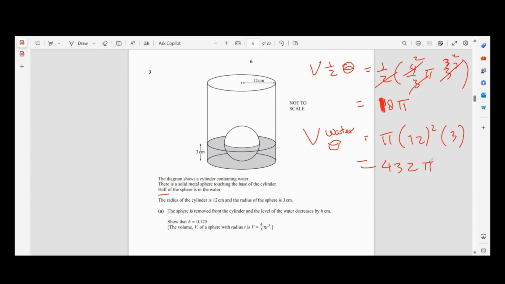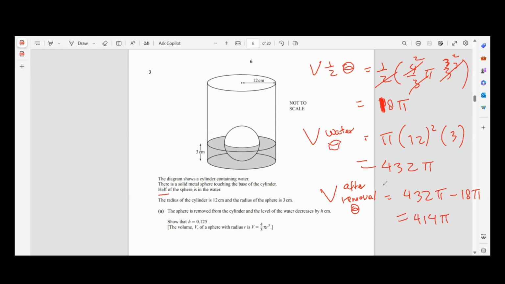And then we have to calculate the volume after we minus the half sphere. So the volume after removal of the sphere should be 432 pi minus 18 pi, so it shall be 414 pi.